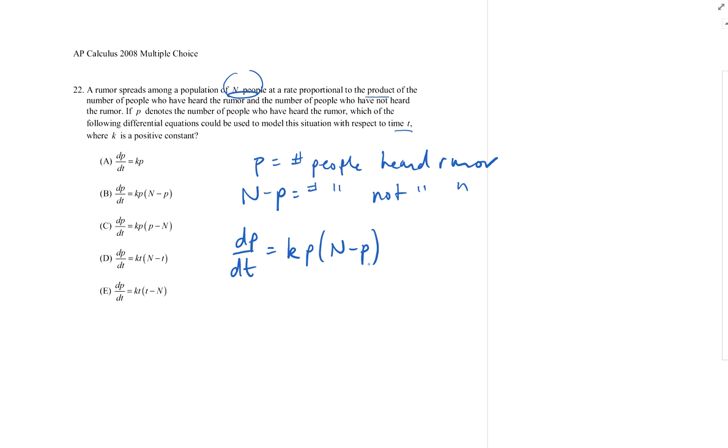Kind of an interesting question, but it's a differential equation because it's saying the rate is proportional. They want you to realize that the rate is proportional to the product, and the rate of people who know it is dP/dt. So that's the key that they want you to see on this one. Okay, next one.